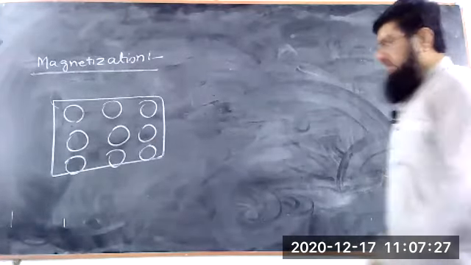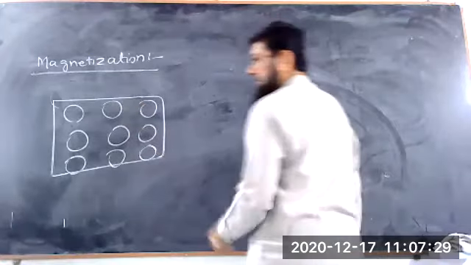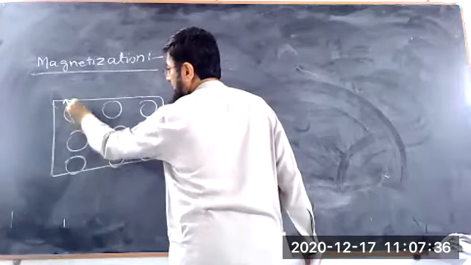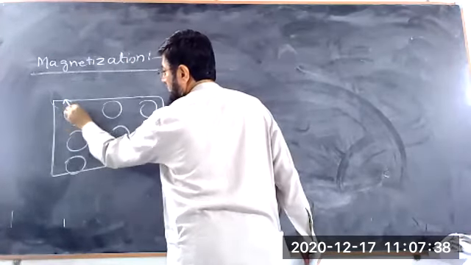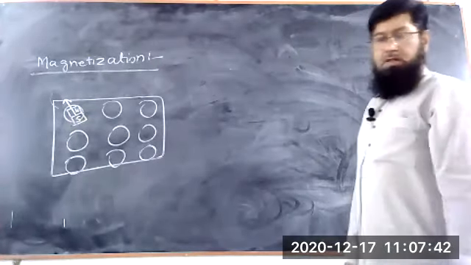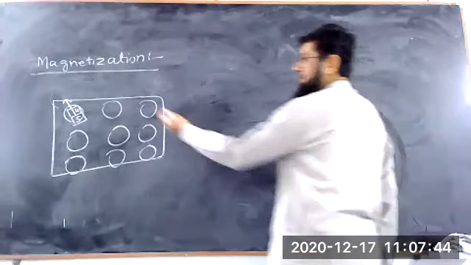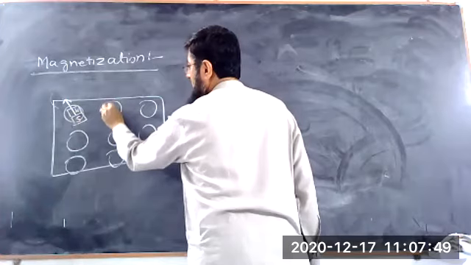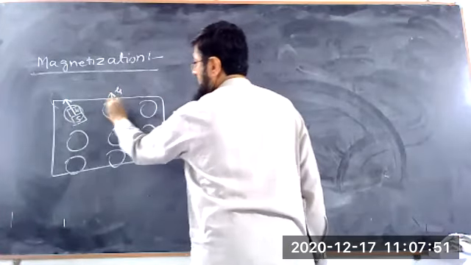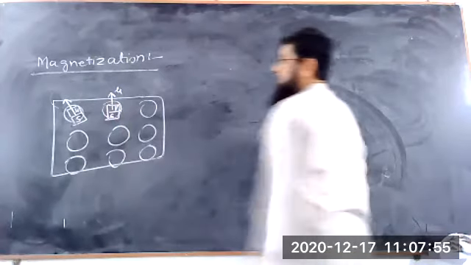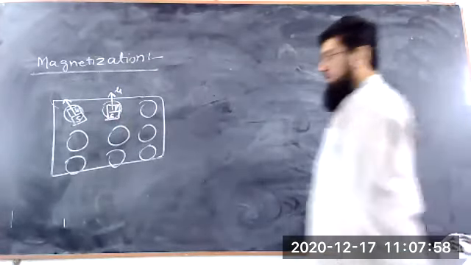Now each atom has a certain magnetic property. Let's say its dipole moment is in this direction. It means this is a small magnet which has this north pole and this south pole. Similarly, if this is an atom, it has a dipole moment in this direction, so this is a magnet which has two poles, north and south.